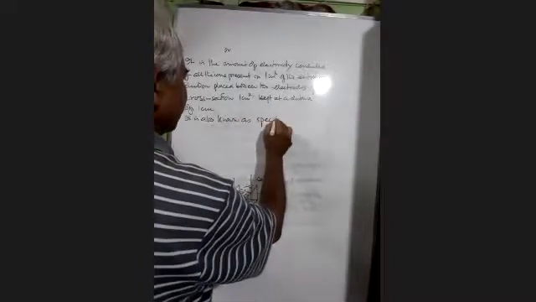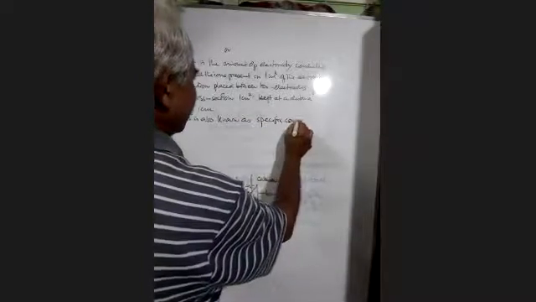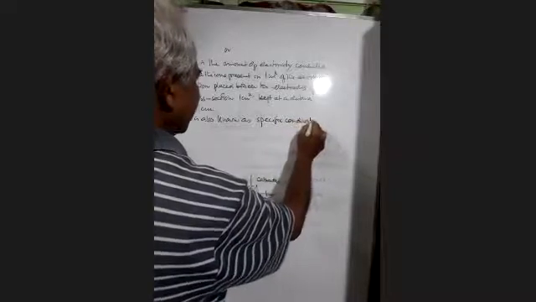It is also known as specific conductance. Remember, only when the cross section is 1 centimeter square and the distance is 1 centimeter, then only do we call it specific conductance. Otherwise, we will simply call it conductivity.